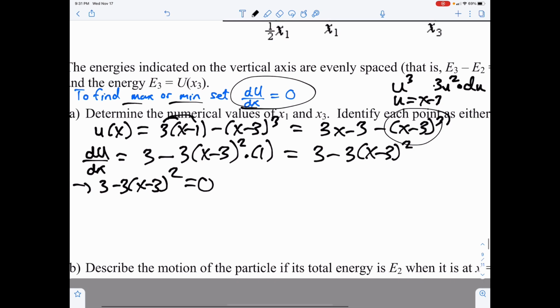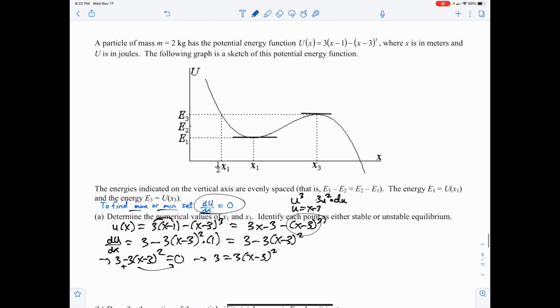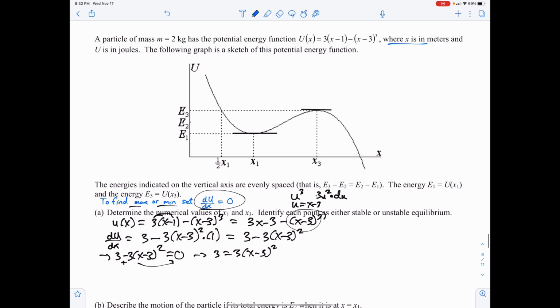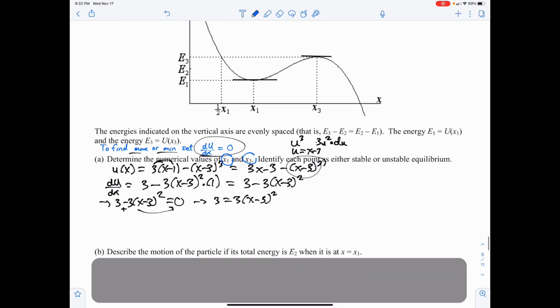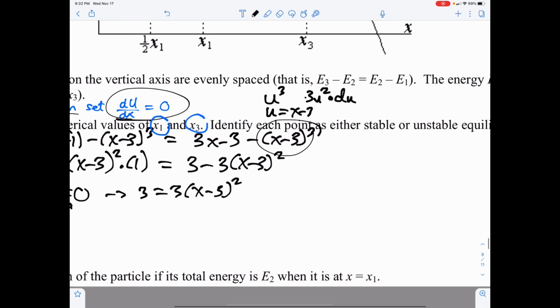So let's do that. I'm going to add this to both sides, and we have 3 equals 3 times x minus 3 squared. I basically have to solve this for x. I want to determine the numerical values of x1 and x3. I'm going to start by dividing both sides by 3, and I get 1 equals x minus 3 squared.